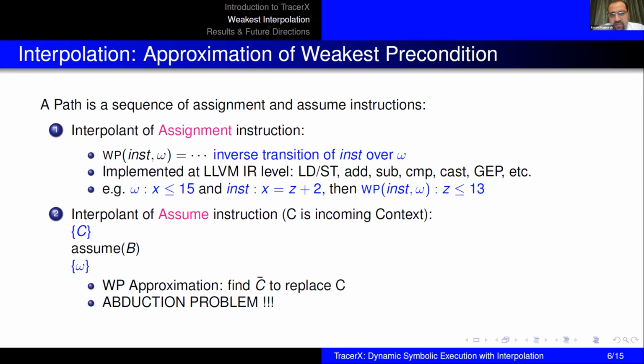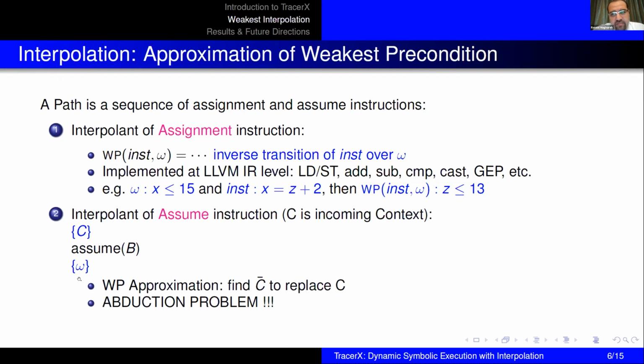While the assignment instruction has only implementation challenges, the assume instruction is more complex. We have a context C, we have assume B, and we have a postcondition Ω. The WP approximation is to find a C̄ which generalizes the context C, such that we can replace C by C̄, and in combination with the assume instruction, it still preserves the postcondition Ω.